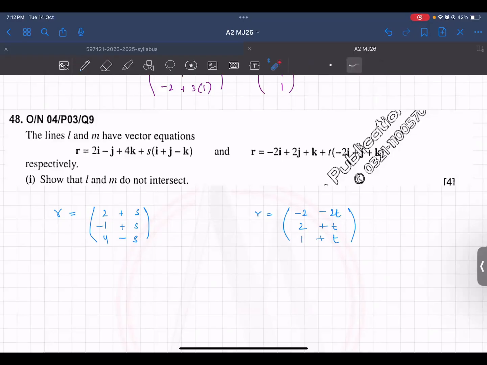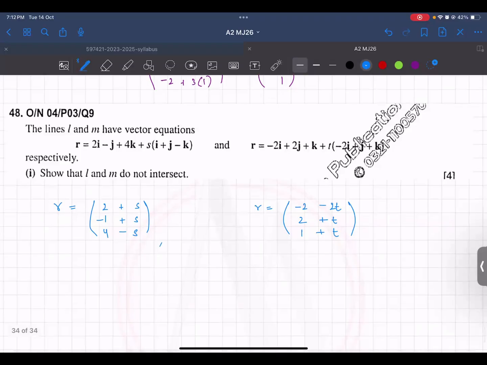Okay, I have just taken the x from here and x from here, y from here and y from here, z from here and z from here. And now you will solve them simultaneously. You will equate each other together.